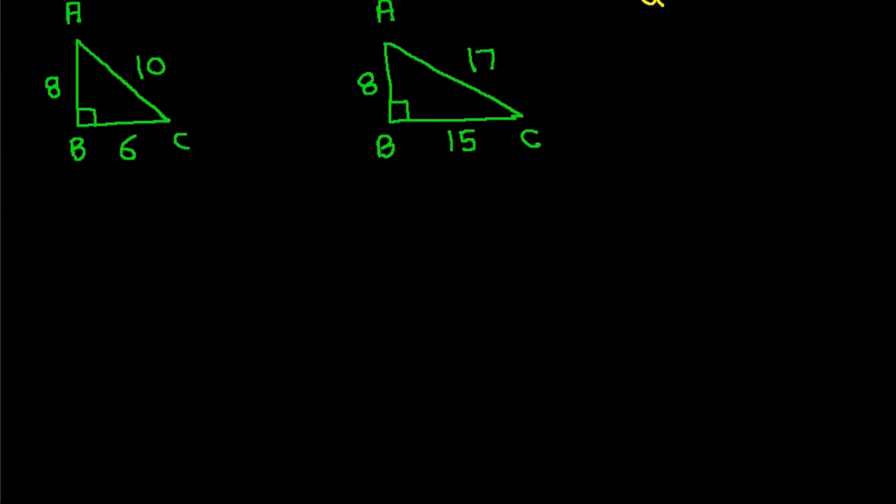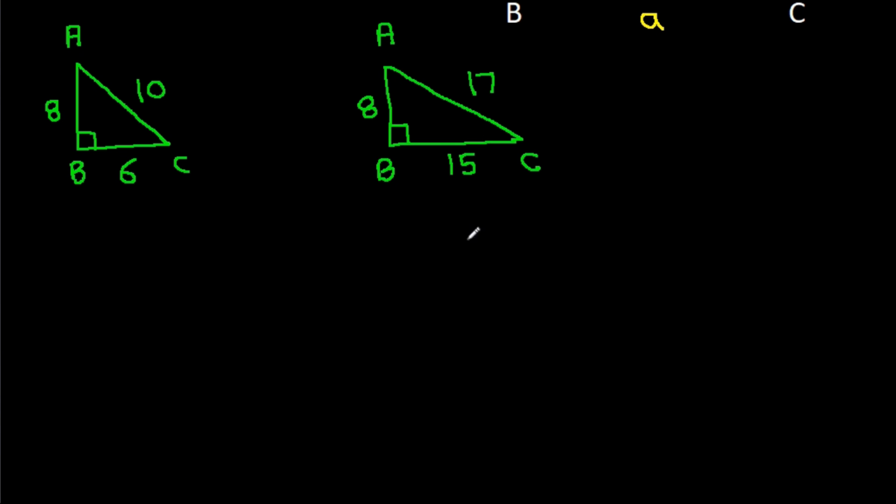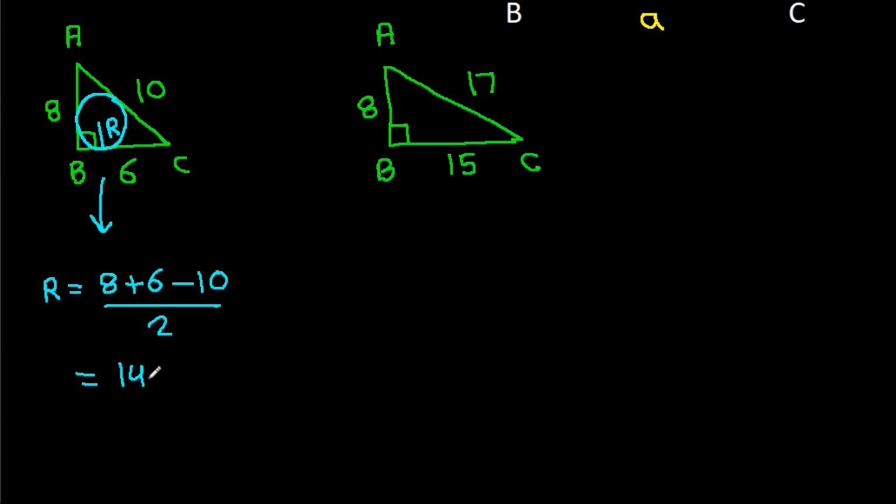So in this triangle, the radius of the incircle R will be 8 plus 6 minus 10 over 2, and it is 14 minus 10 over 2. That will be 4 over 2, and it is 2.